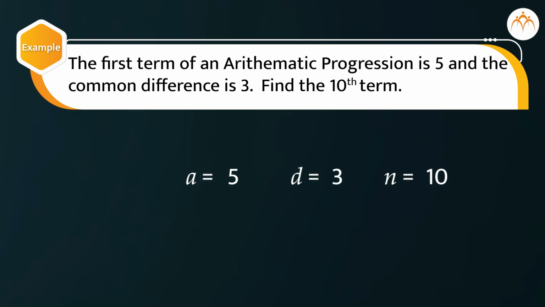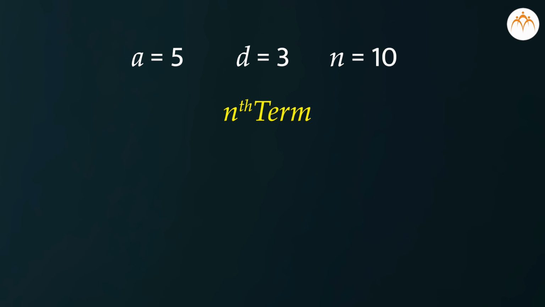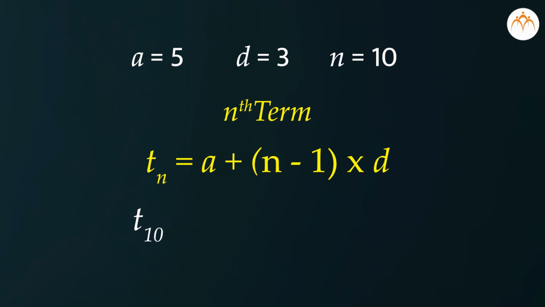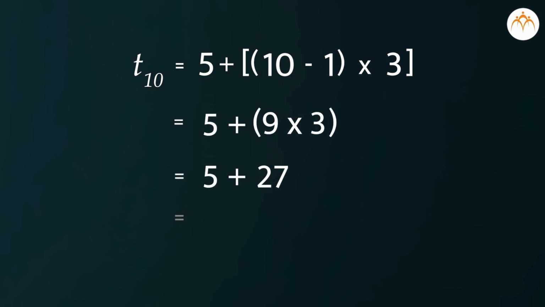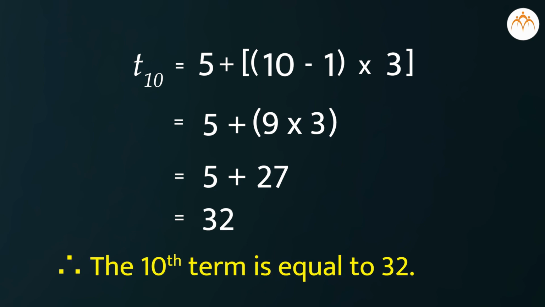According to the formula, Tn is equal to A plus n minus 1 into D. Therefore, T10 is equal to 5 plus 10 minus 1 into 3, which is 5 plus 9 into 3, which is 5 plus 27, which is 32. Therefore, the 10th term is 32.